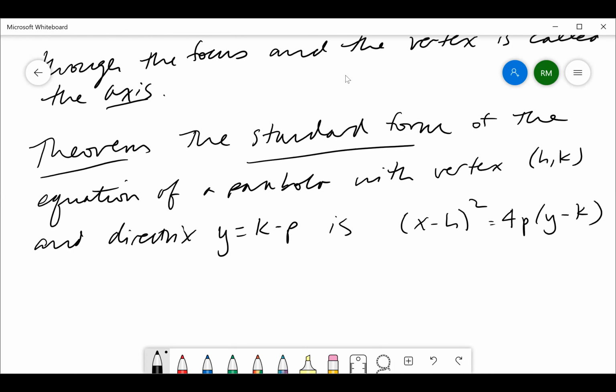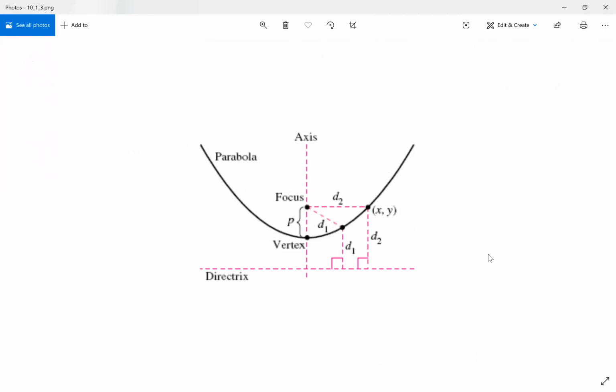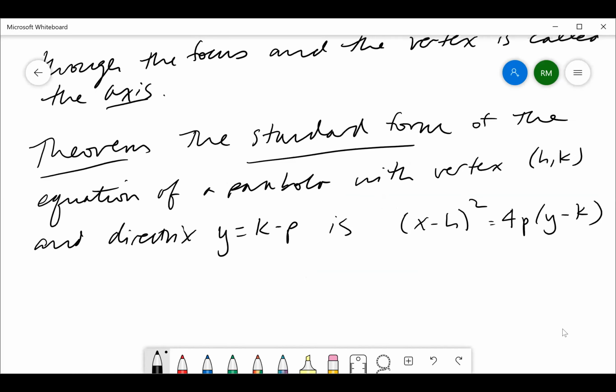So if we go back to our picture of the parabola, we observe that p is the distance between the vertex and the focus. Similarly, p is the distance between the vertex and the directrix. Okay.